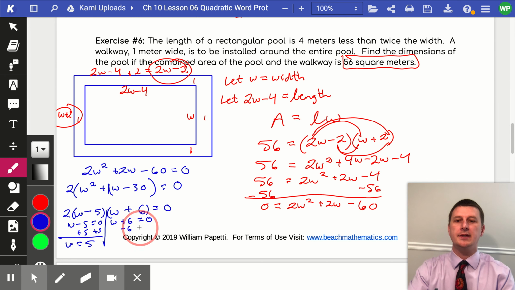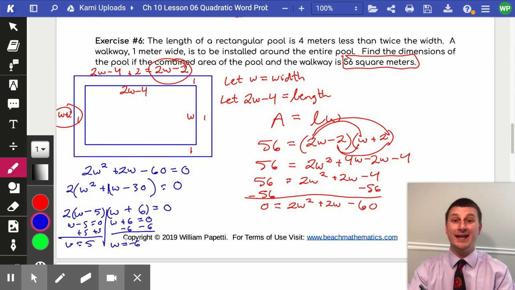And we subtract 6 here and get that the width is negative 6. But you can't have a negative width. When we deal with length and width dimensions, we can only have positive answers. So we're going to reject this one, which leaves us with one answer: w equals 5. But what does it want us to do in this question?